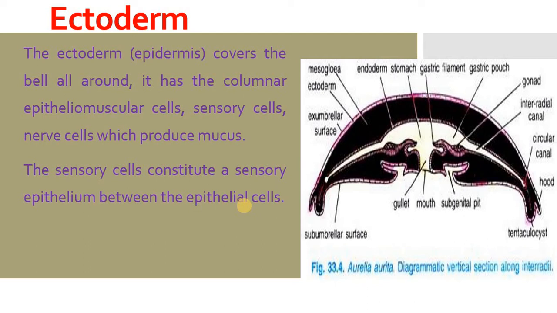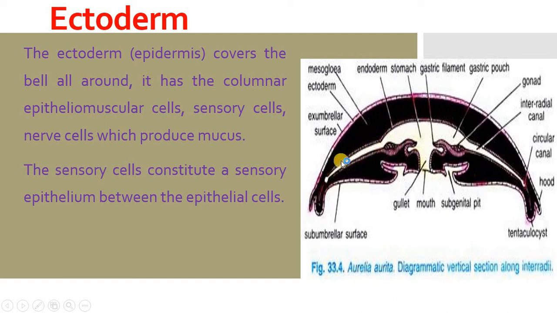The muscular part is converted into contractile striated muscle fibers. The manubrium and oral arms are also lined by epidermal cells. So this is the ectoderm part, then the thick mesoglea, and the innermost is the endoderm.